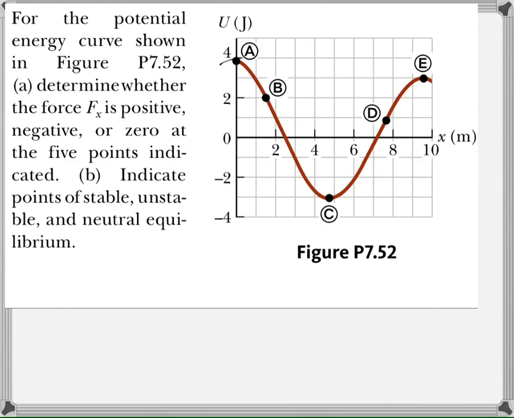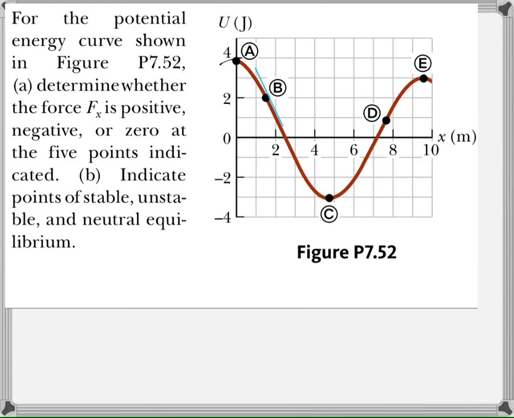Is it positive or negative? Positive. Okay. If you draw a tangent line at this point, the tangent line has a negative slope, right? But the force is the negative of the slope of U. So you will think in the reverse direction. The tangent line has a negative slope, but the force is positive.